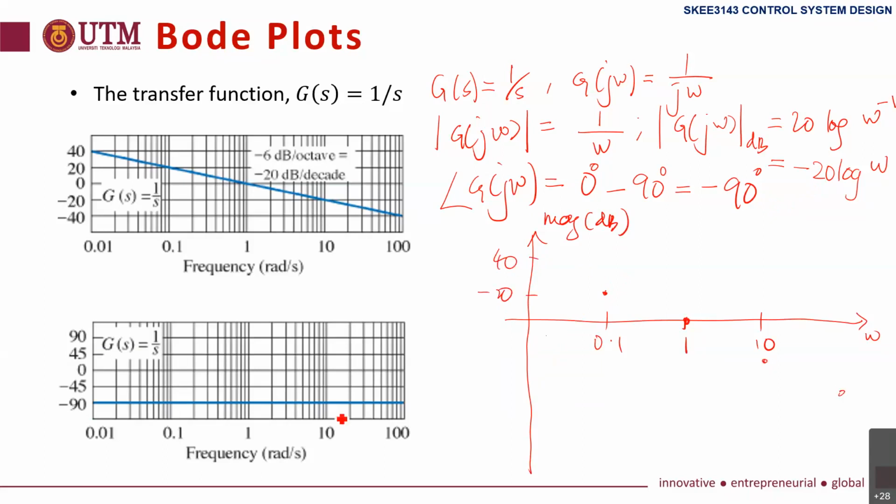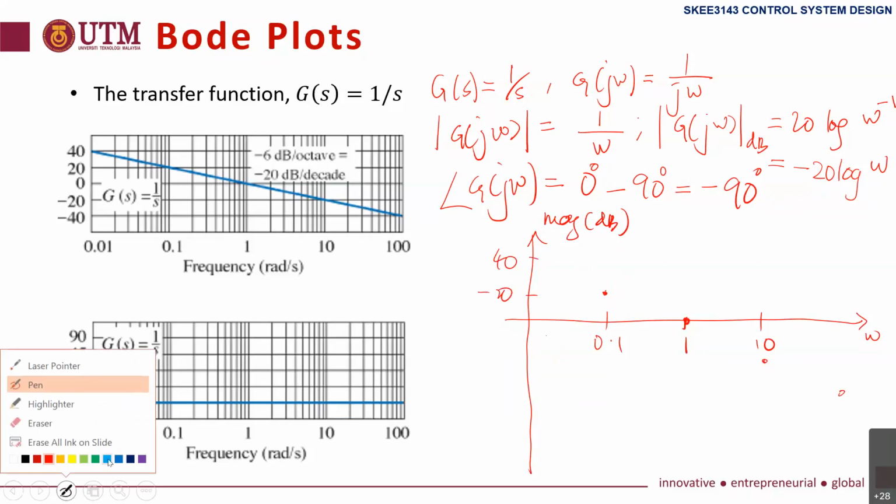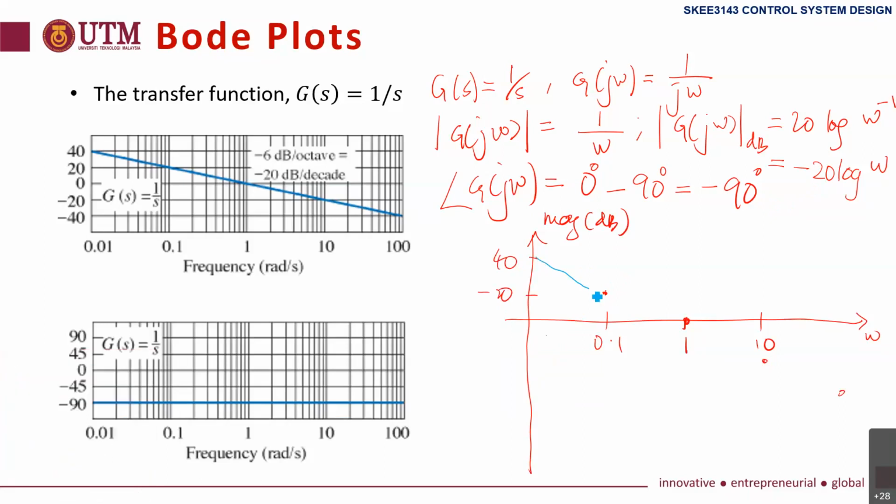So it will be a line like this, which is called a minus 20 dB per decade slope. So the magnitude is reduced by 20 dB within 1 decade. It's shown here also. Say 1, 0 dB, then the other is going down, negative.